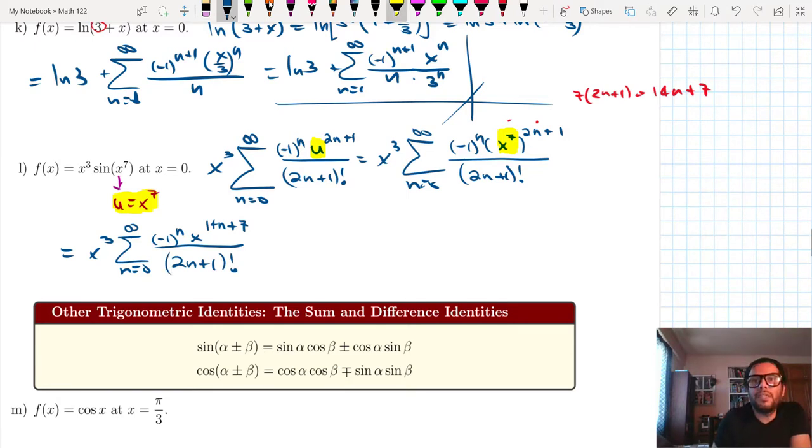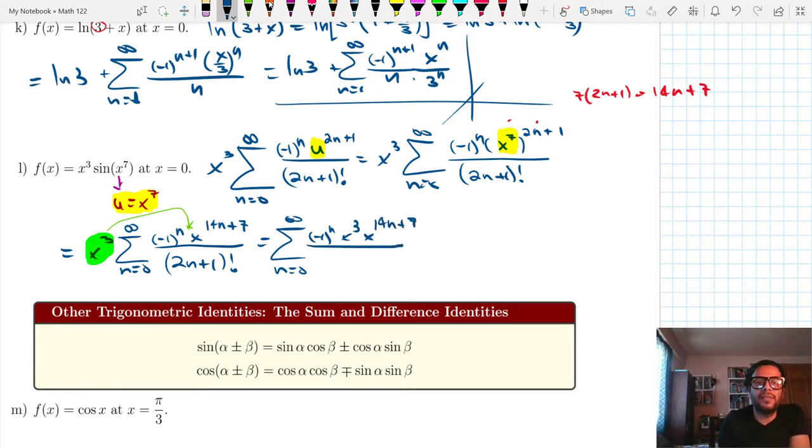Okay, I'm going to incorporate this x cubed inside. Just a couple more steps and we're done with this one. So the sum from n equals 0 to infinity of (-1)^n x cubed times x to the 14n plus 7, divided by (2n plus 1) factorial.